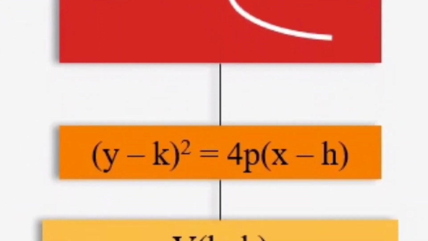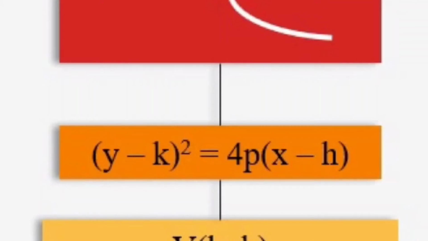On the other hand, if the graph opens to the left or to the right, the standard equation will be y minus k squared is equal to 4p times the quantity of x minus h. Huwag kayong palilito, laging kasama ni y si k, si x, si h. Okay?